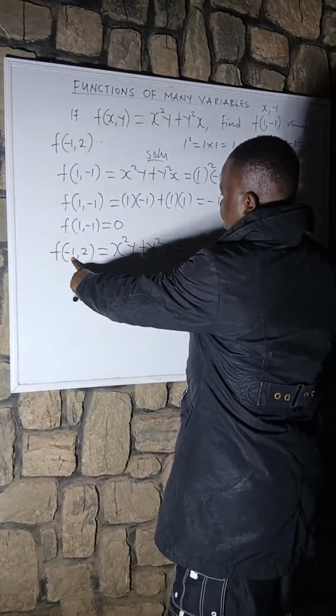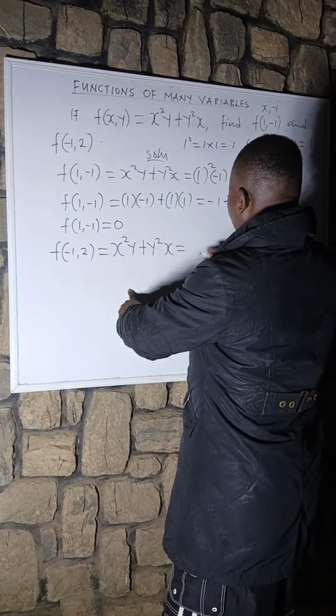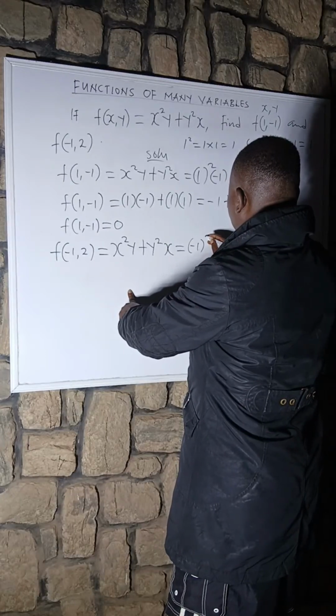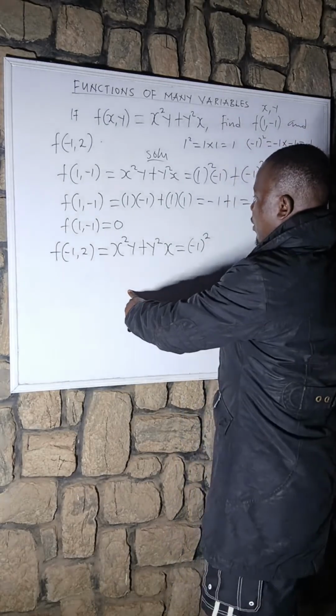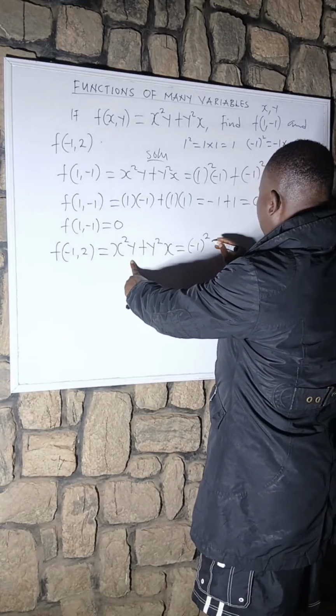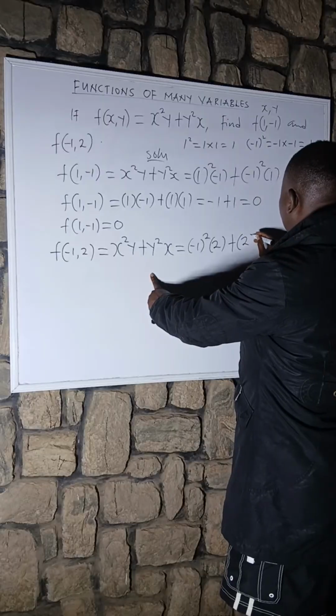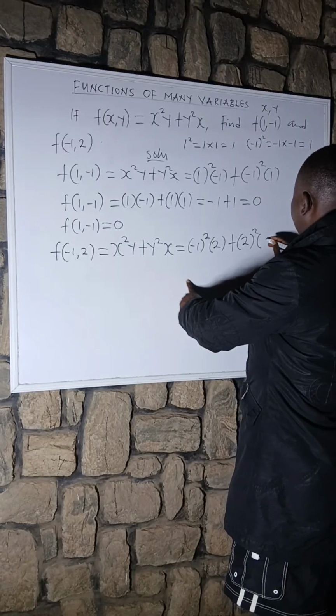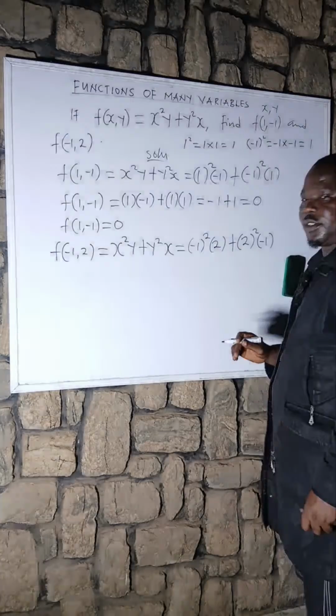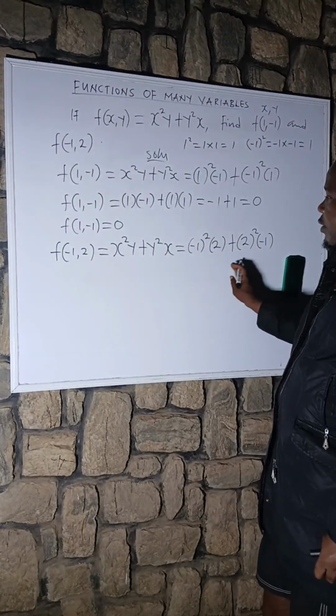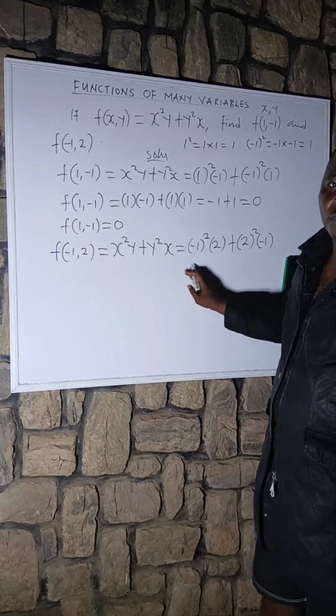This is x, and this is y. So here will be minus 1 all squared, then y is 2, plus 2 all squared times minus 1. True or false? It's true, right?